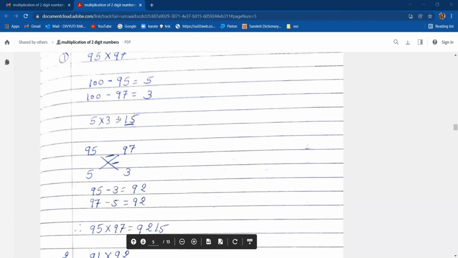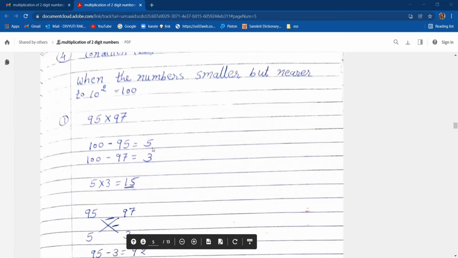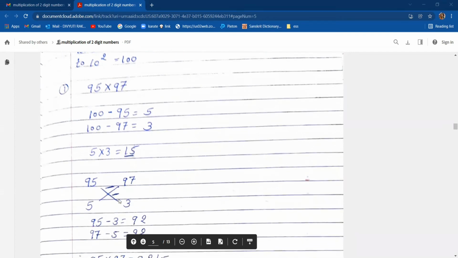Then you should subtract the remainder got by subtracting the second number from 100 from the first number, or you should subtract the remainder got by subtracting the first number from 100 from the second number. Right, here I have written it in this form. I have put the remainder below that particular number, and then in cross we have to do subtraction.